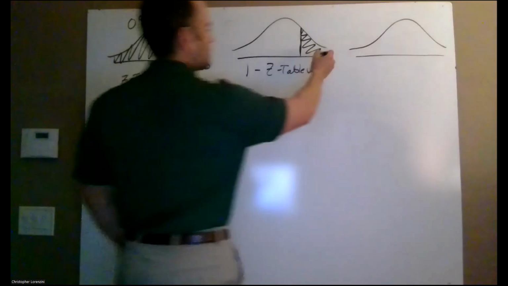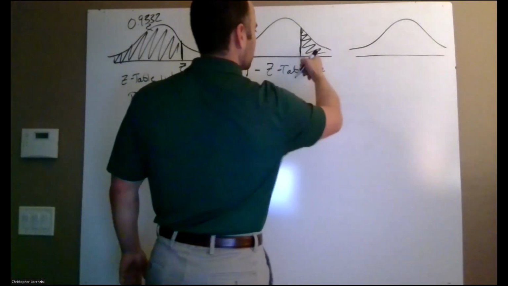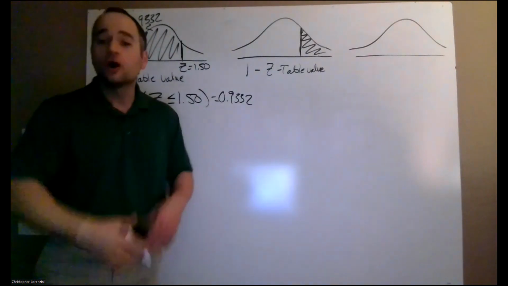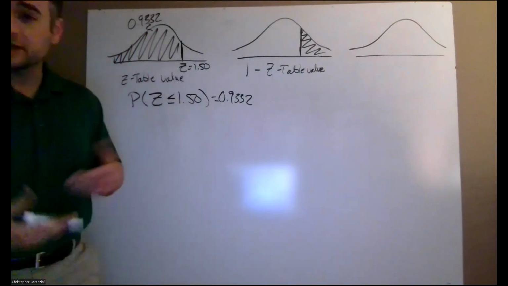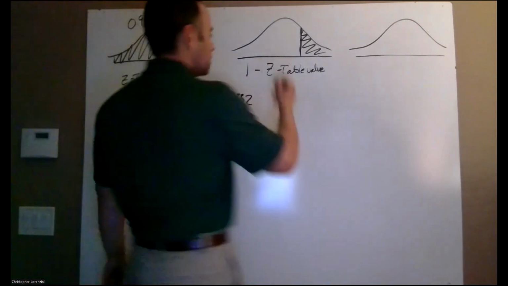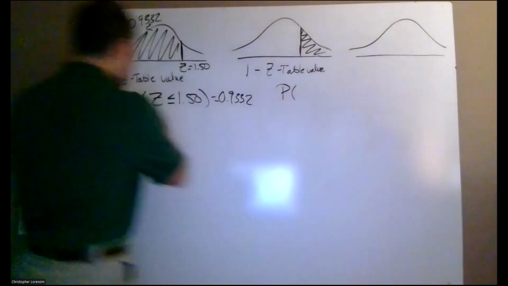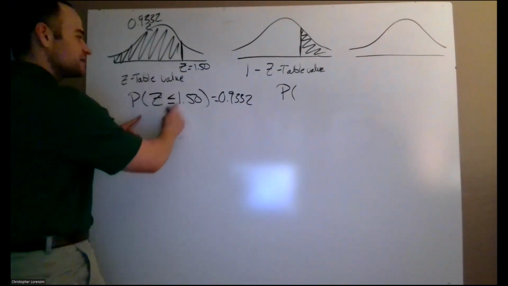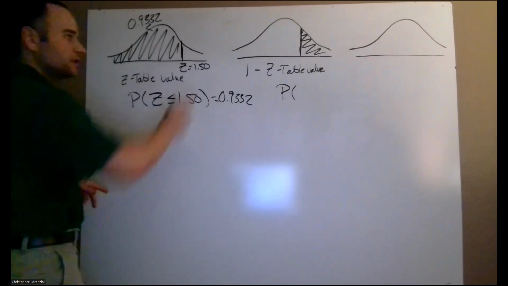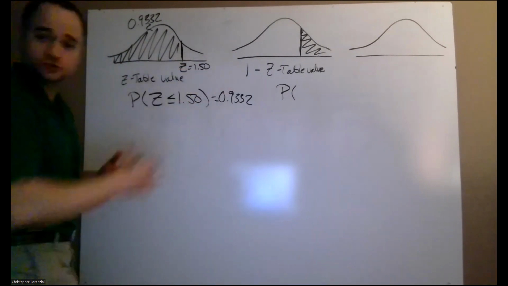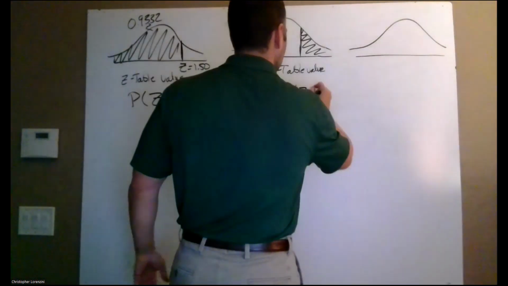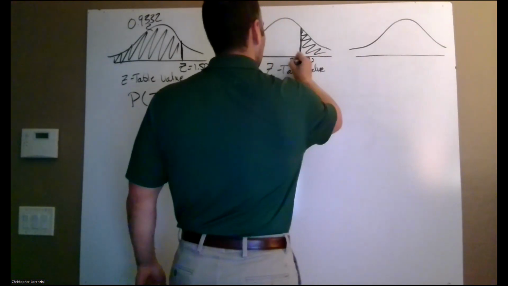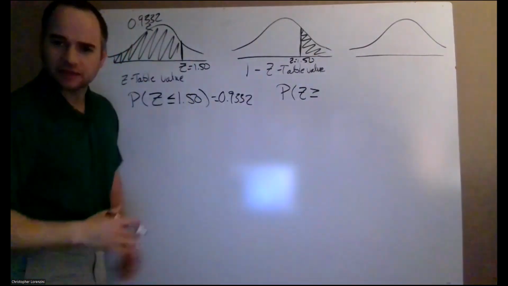This shaded area represents the area under the curve to the right, or the proportion of data that falls above it, or the probability of seeing a z-score larger than what we have right here. In the first example, it was the probability that z was less than or equal to 1.5. Now I'm looking at larger than. This is the probability that z is greater than or equal to 1.50, assuming that's the same value we just had.